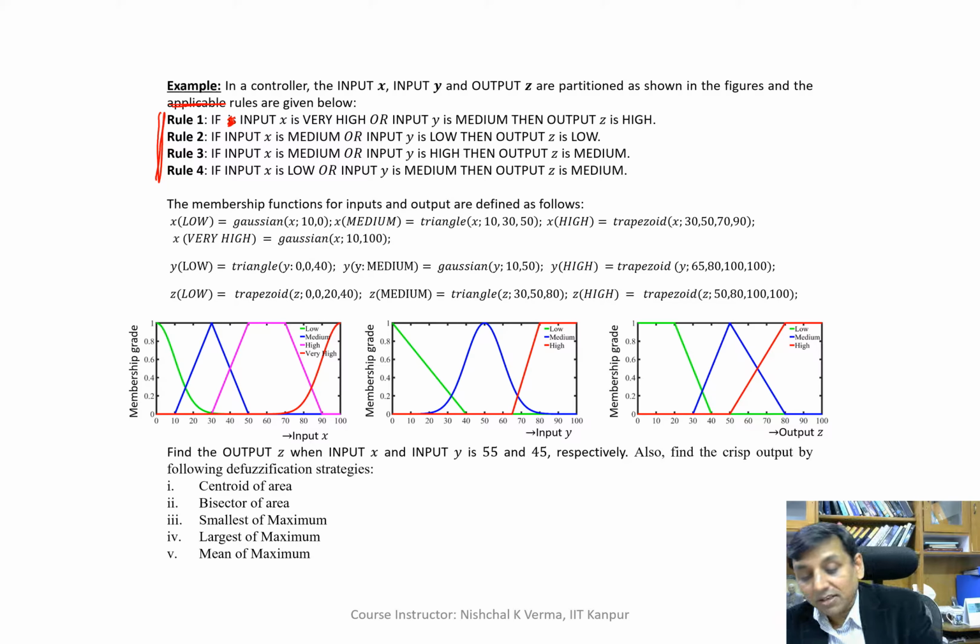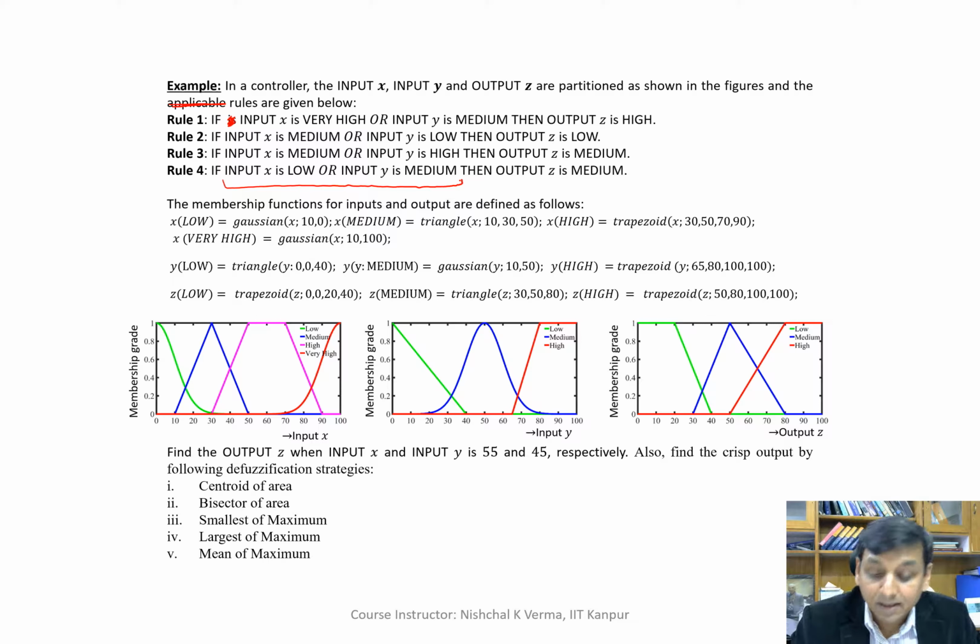So let us first understand the rules here. We have four fuzzy rules in this Mamdani type of fuzzy model. In each rule, if we look at the premise part, we have two inputs, X and Y. That's why we can say that we have two antecedents, X and Y. For example, in rule number 4, X is low and Y is medium.